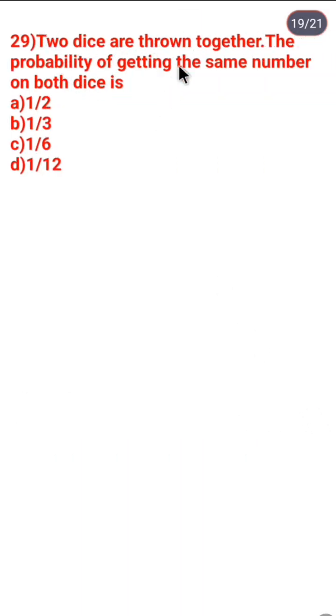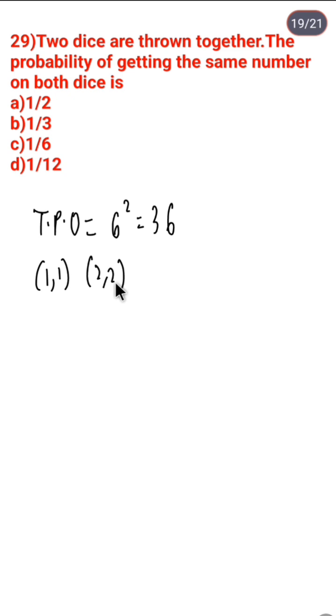Now 2 dice are thrown together, the probability of getting the same number on both dice. Total possible outcomes: 2 dice are thrown together, 6 to the power 2, that is 36. Now the probability of getting the same number on both dice. When do both dice have the same number? When 1 1, same 2 2, 3 3, 4 4, 5 5, 6 6.